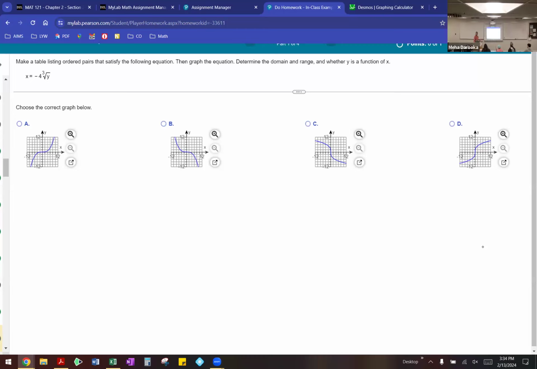So we know from the previous example, usually negative means you're opening downwards, positive means you're opening upwards, but you can see from the four options, we're not really seeing specific downward or upward. So I view it like this: if Y is positive, once you go through the cube root, you'll keep a positive.